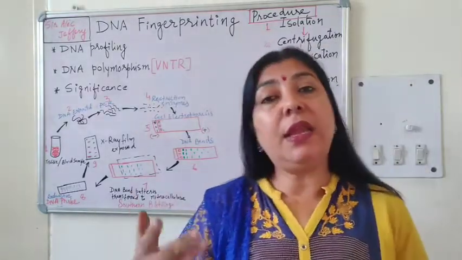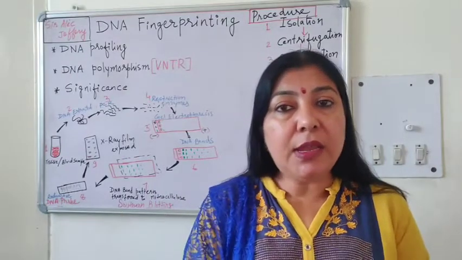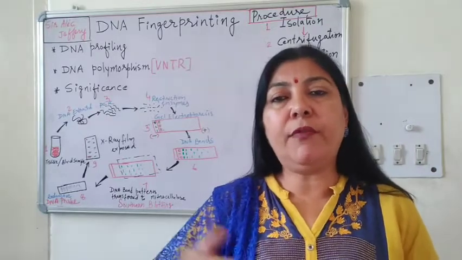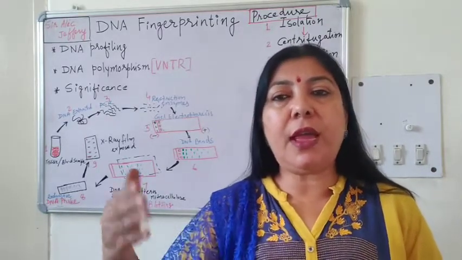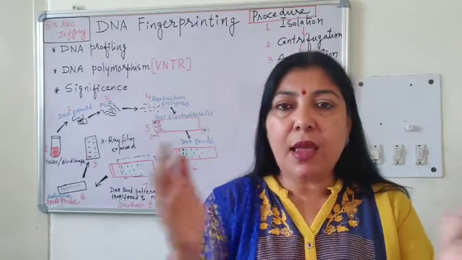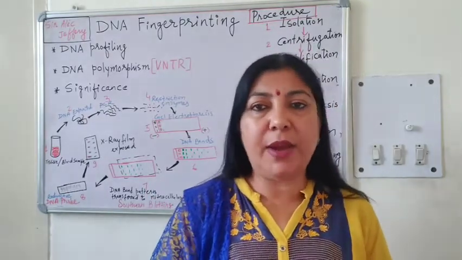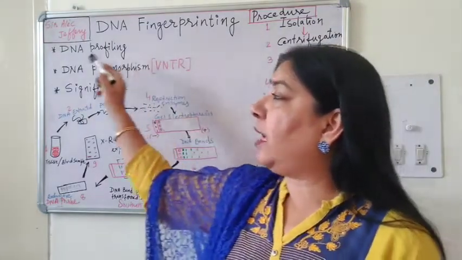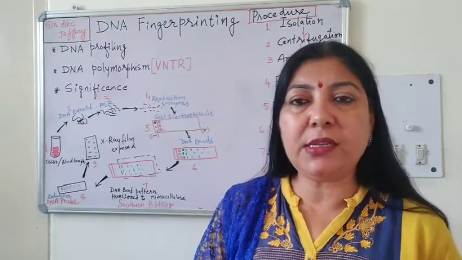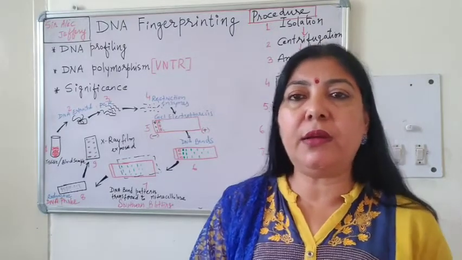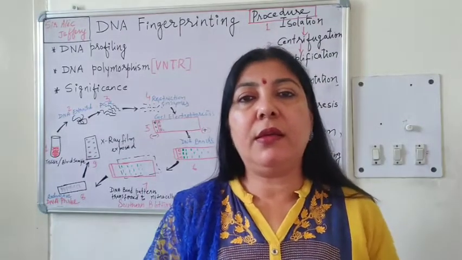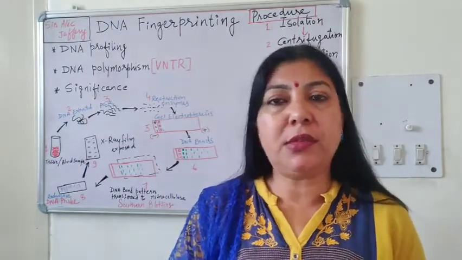Also, by studying DNA fingerprinting, we can study the evolutionary aspects of the different races or different types of individuals by studying the closeness and the variation in the DNA pattern. Okay, so this DNA fingerprinting is extensively used in forensic science, in paternity and maternity tests, also in studying the evolutionary aspects of various studies.